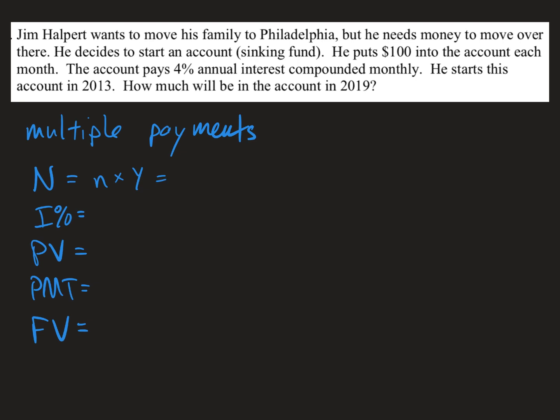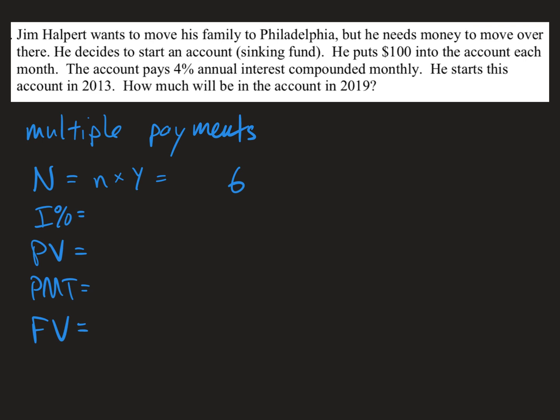And you can see that even though we aren't given the number of years, we can figure it out. We know the account starts in 2013 and ends in 2019. So what that means is 6 years have passed. You can do a little bit of subtraction here to find that y would be 6.